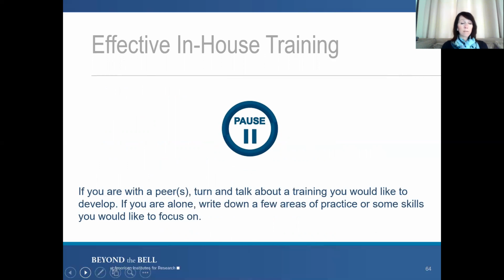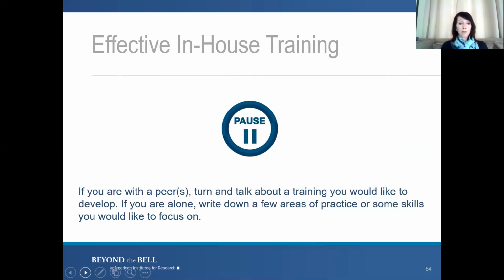Perhaps from the youth development checklist, some things popped up that you thought would be great to implement in our program, or something else that you would like to see an improvement on, or incorporate into your program, a skill or a practice or a policy or a principle, anything that you would like to focus on and create an in-house training for when you go back to programming.